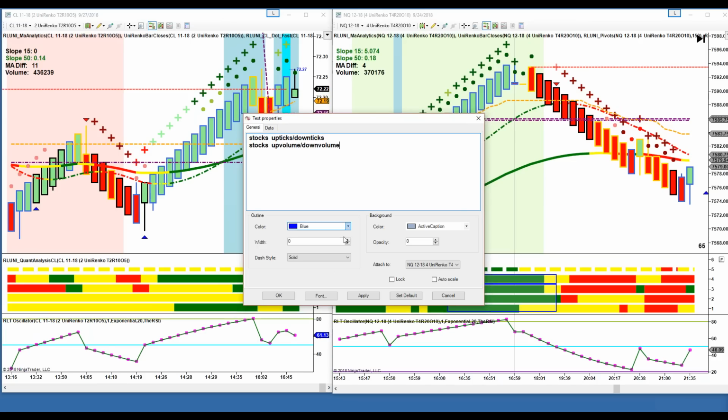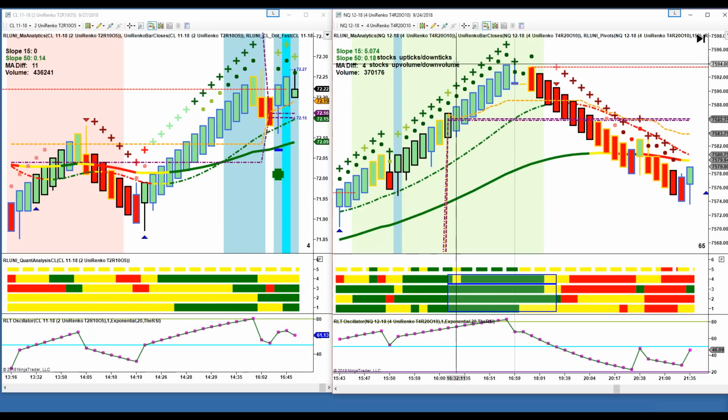Now, optimally, when the internal cash markets are rising, there's more stocks upticking than downticking, and stocks are moving on a preponderance of up volume rather than down volume. This upper line is going to go green, which tells you that the cash markets are very likely to go up. And this is the only system that leverages the direction of the cash markets when you're trading the futures.